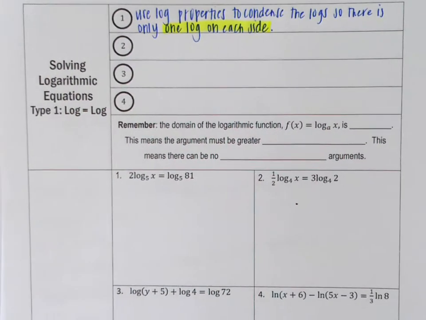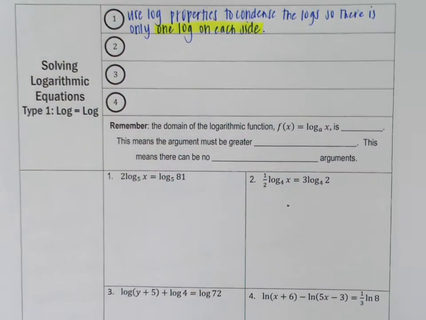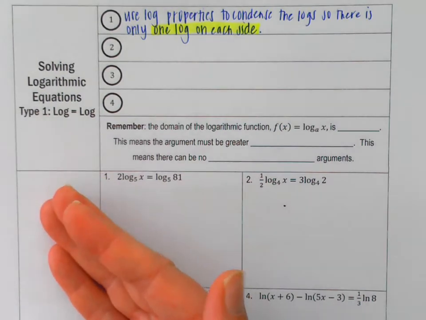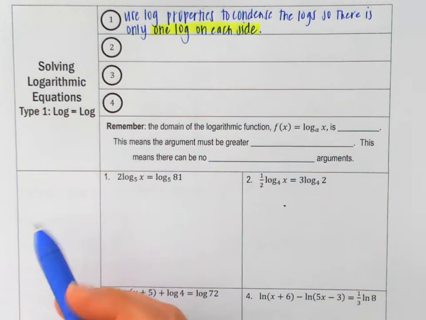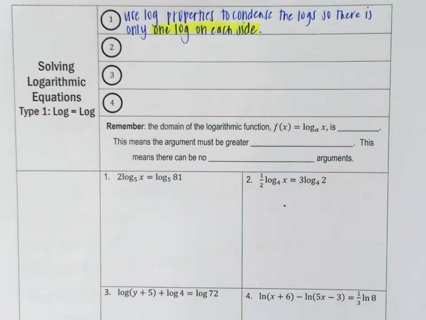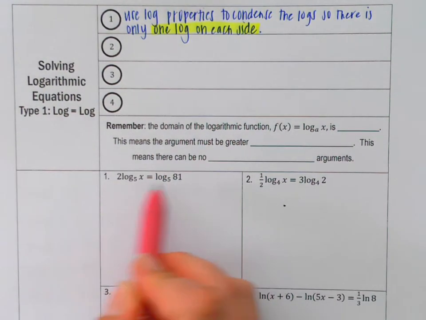Once we've done that, we then set the arguments equal to each other. While I'm doing this, I'm going to just do a problem, so let's start with number 1 as I go through the steps. We already have one log on each side.